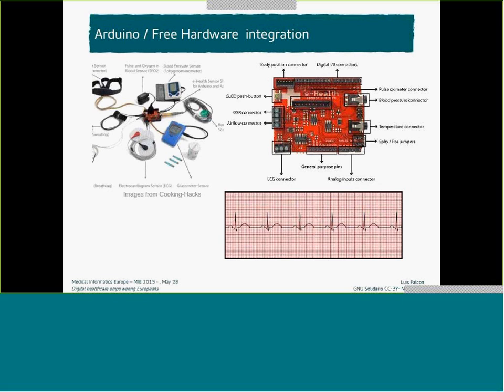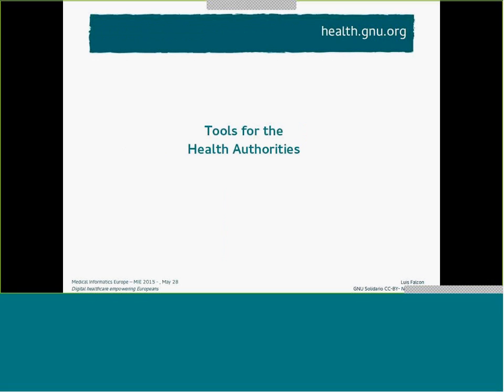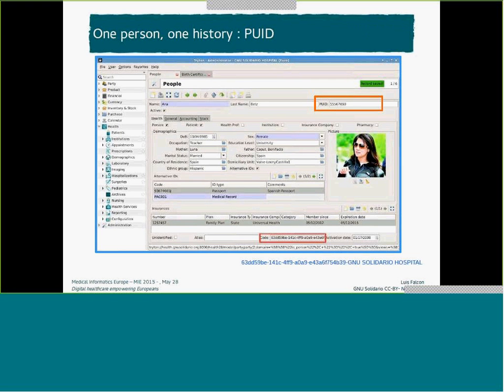We're talking about the tools, I said at the beginning, for the health of what we are facing. Dealing with EMRs or health information systems, we need a unique person code, okay?